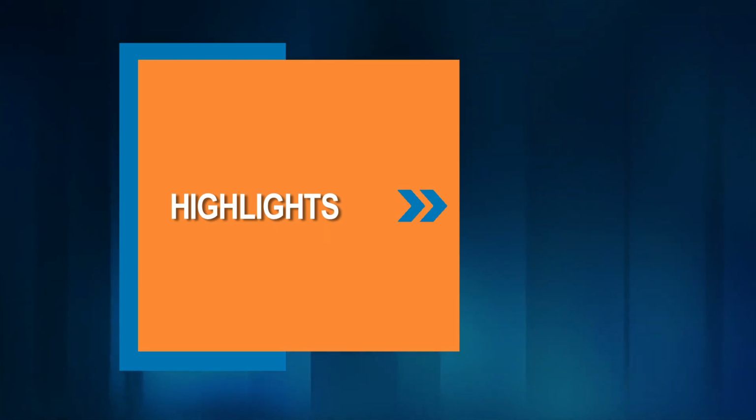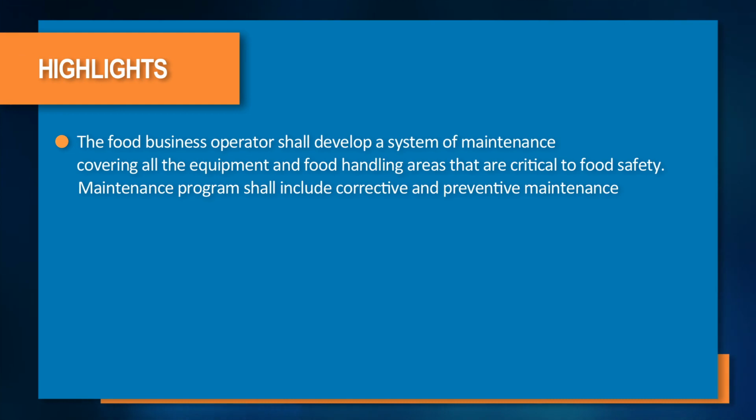Thus, the main points to remember in this video are: the food business operator shall develop a system of maintenance covering all the equipment and food handling areas that are critical to food safety. Maintenance program shall include corrective and preventive maintenance.